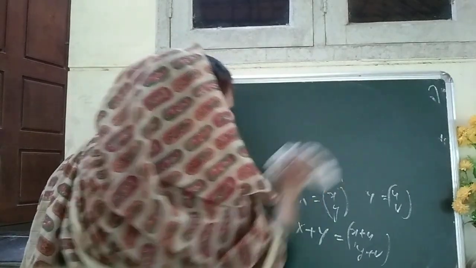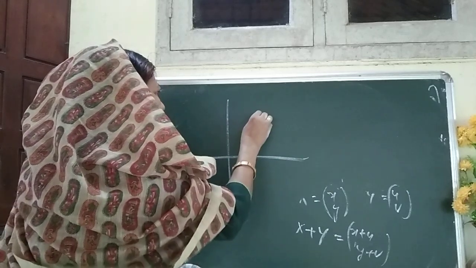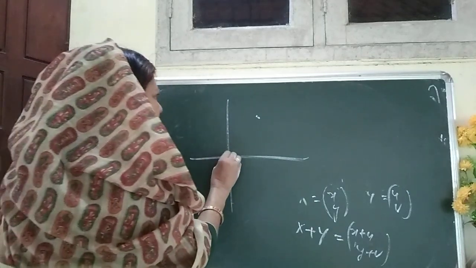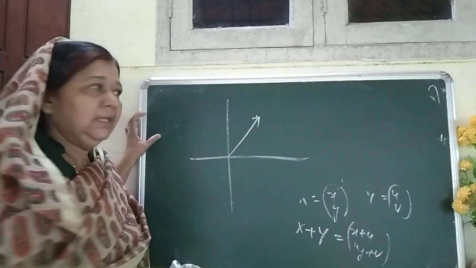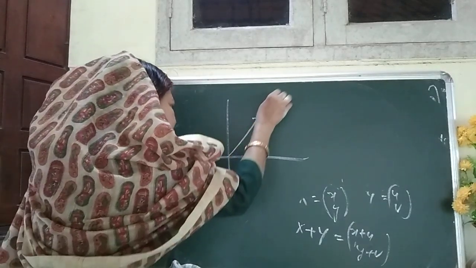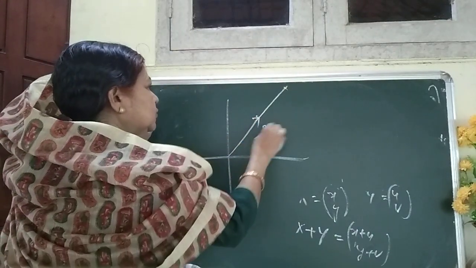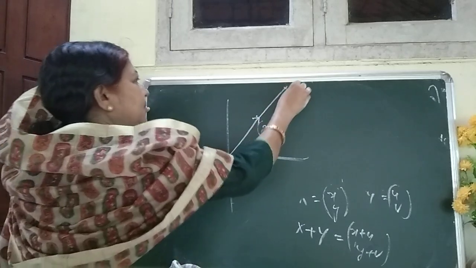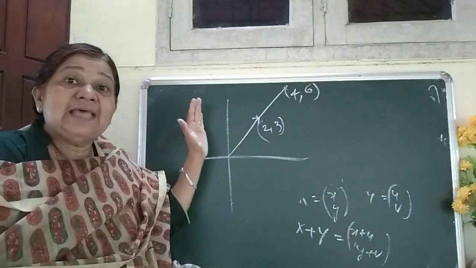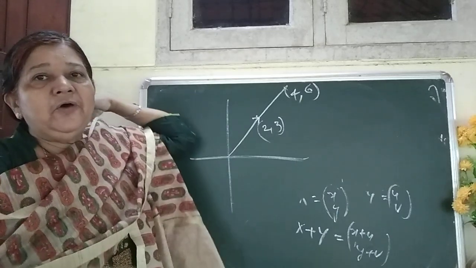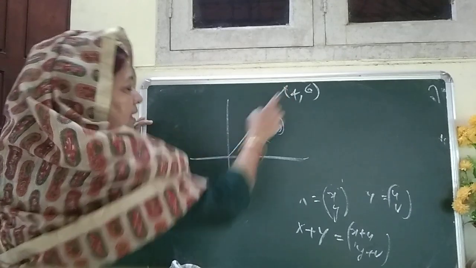You can see that 2, 3 is a point, and this may be the vector 2, 3. Then, say, it is 2, 3, then it may be 4, 6. These two vectors are lying on the same line, or one can be expressed as a multiple of the other.